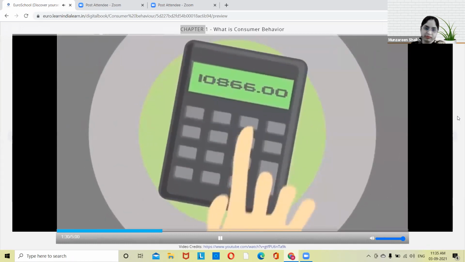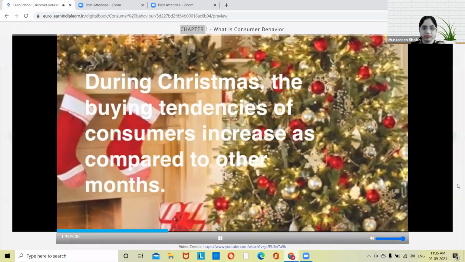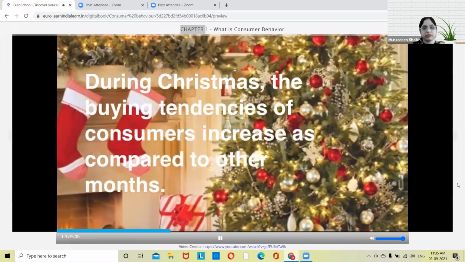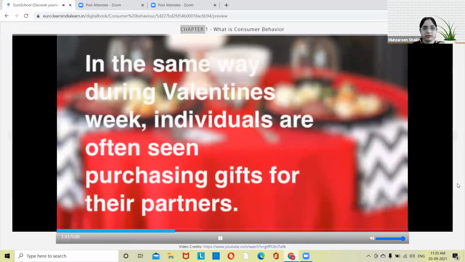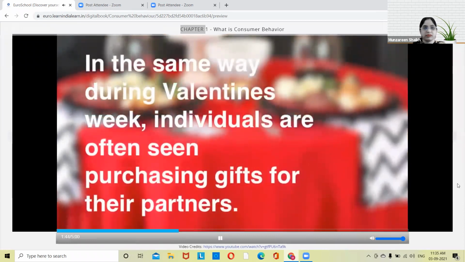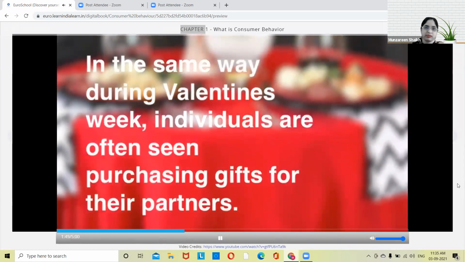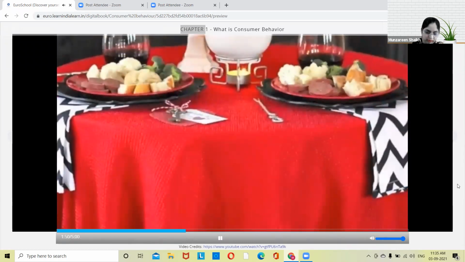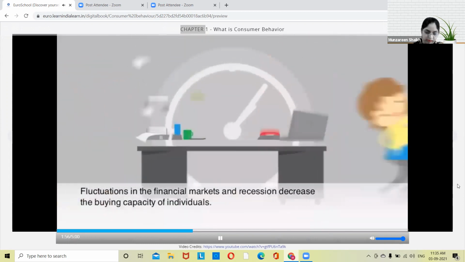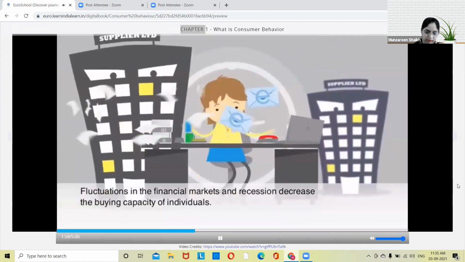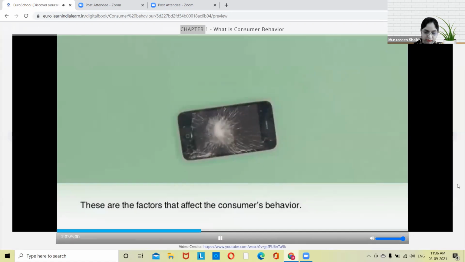For example, during Christmas, the buying tendencies of consumers increase as compared to other months. In the same way, during Valentine's week, individuals are often seen purchasing gifts for their partners. Fluctuations in the financial markets and recession decrease the buying capacity of individuals. These are the factors that affect the consumer's behavior.